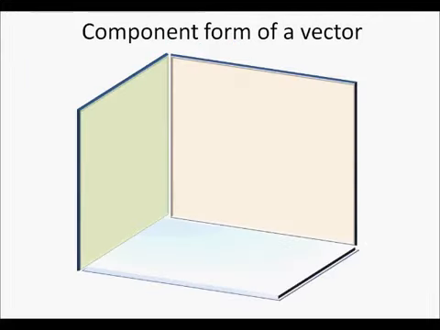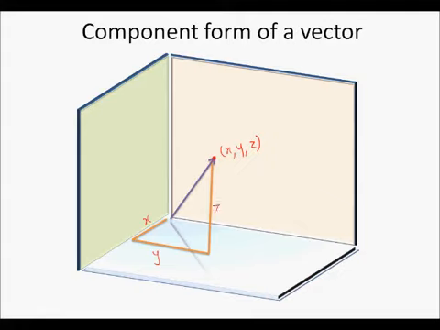Okay, in 3 dimensions, a vector has x, y, and z, right? All the 3. So what's x and what's y and what's z? Say for example, this point is x comma y comma z. And this is x units, this is y units, and this is z units.